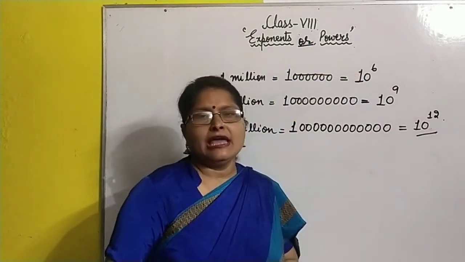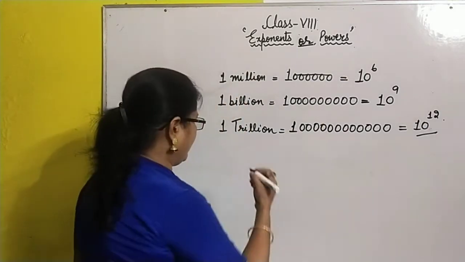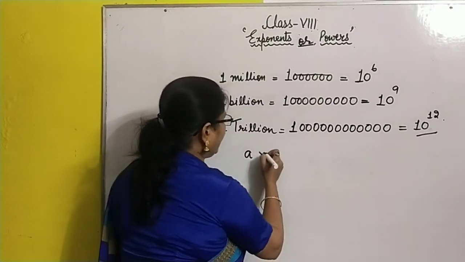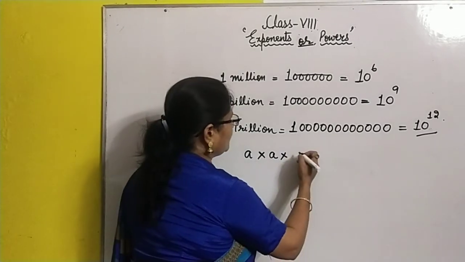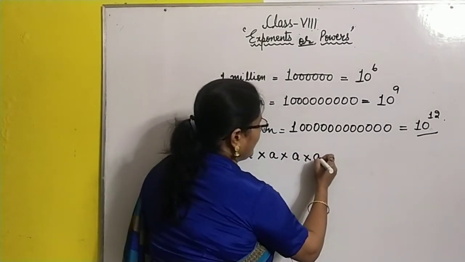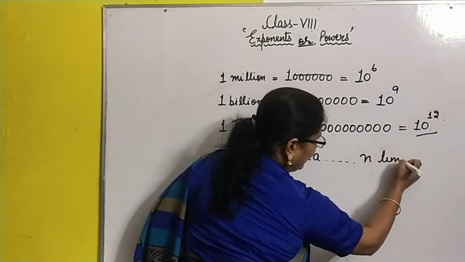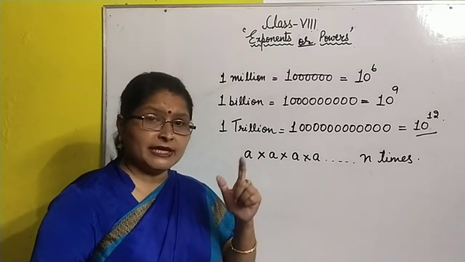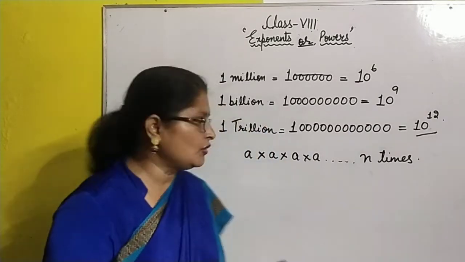Now suppose you have a number A, and you are writing A many times, n times: A into A into A, up to n times. What will be the power or exponent, and what will be the base? I am going to tell you.